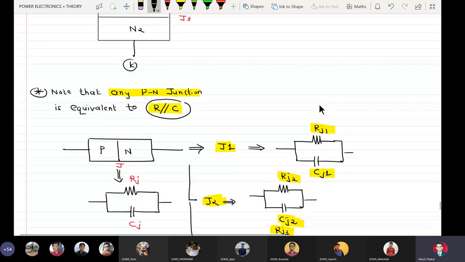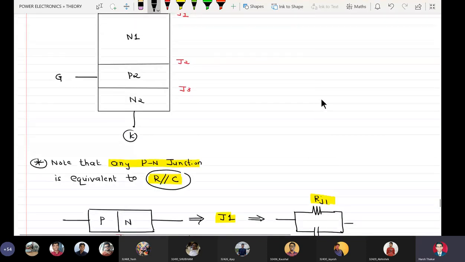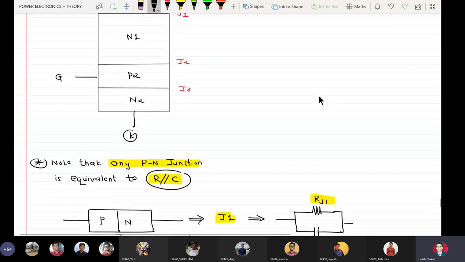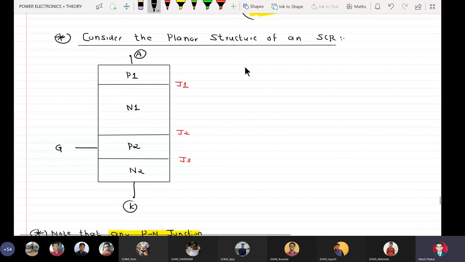Now we will not go deep into the semiconductor physics, but we have to replace J1, J2, J3 by their equivalents, right? So replacing J1, J2 and J3 by their RC equivalents, we have to redraw it like this.